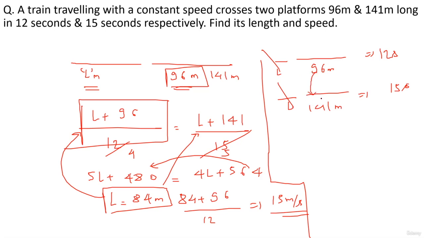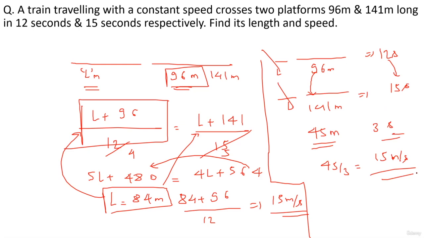The additional distance traveled is 141 minus 96, which is 45 meters, right? And what is the additional time? 3 seconds. So can I say the train takes 3 seconds for 45 meters? If the train takes 3 seconds for 45 meters, what is its speed? 45 upon 3, 15 meters per second. See, it's that simple. Beautiful, right?